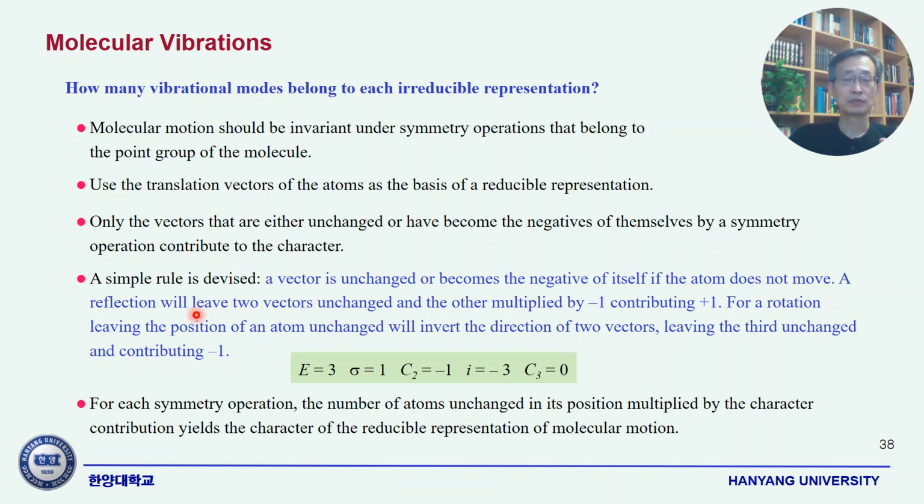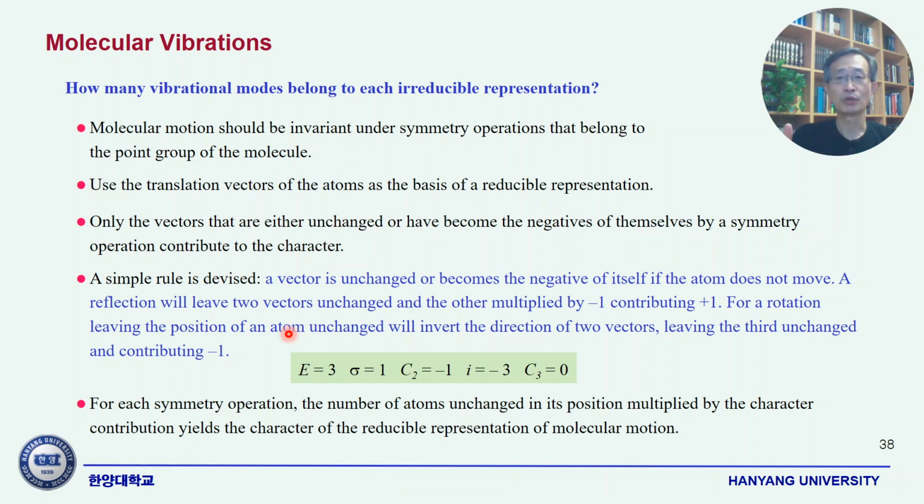In a reflection case, we leave two vectors unchanged and the other changes its sign. So two don't change, and one changes: +1, +1, -1 is +1. And for rotation, as I explained with C2 rotation, leaving the position of the atom unchanged will invert the direction of two vectors and leave one unchanged. So +1, -1, -1 is -1.